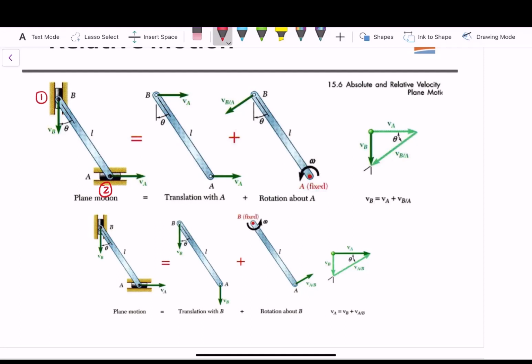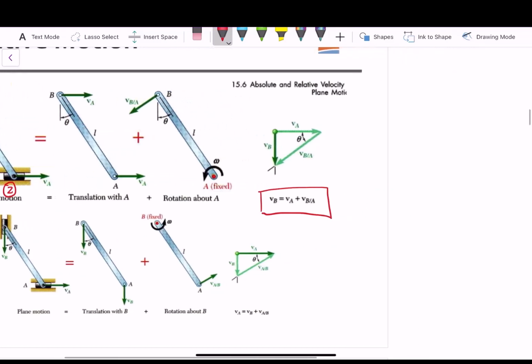The first one, if we're trying to solve for the velocity at B, we can state it how we did before: VB is equal to VA plus VB with respect to A. Now, where you might be confused here is especially with this subscript and which one comes first.